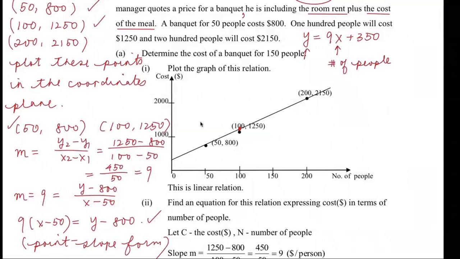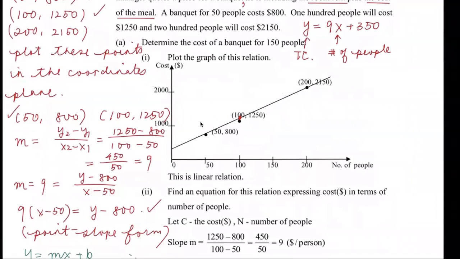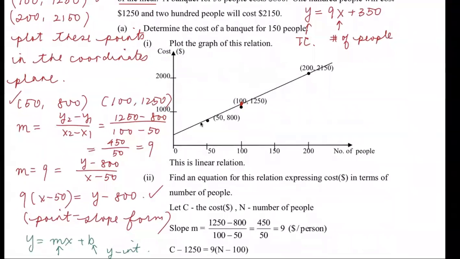What is y here? The y here is total cost, right? So question A is really asking, if x is equal to 150, what is y? If we translate the words into math language, that's what part A is really asking.